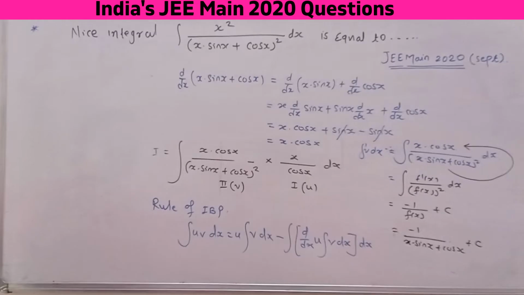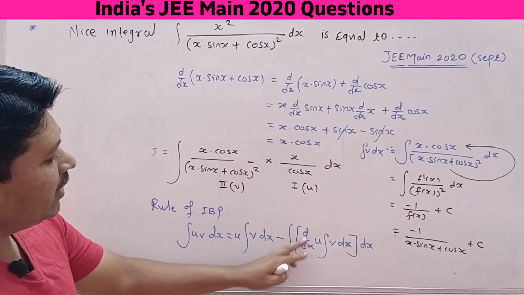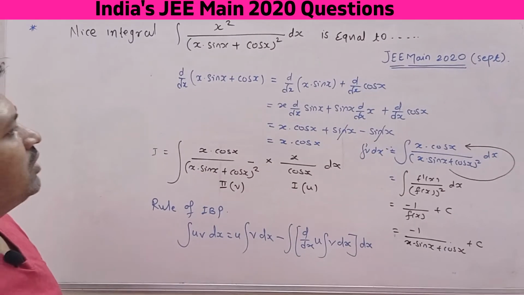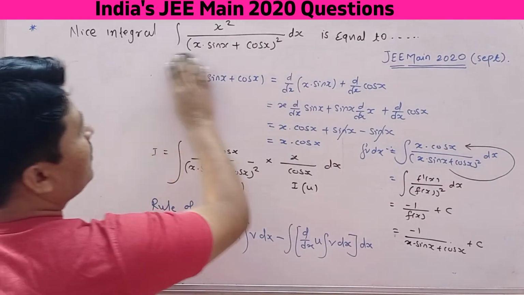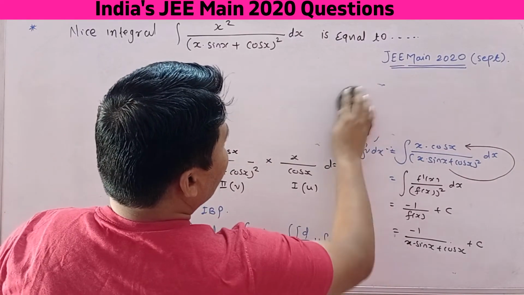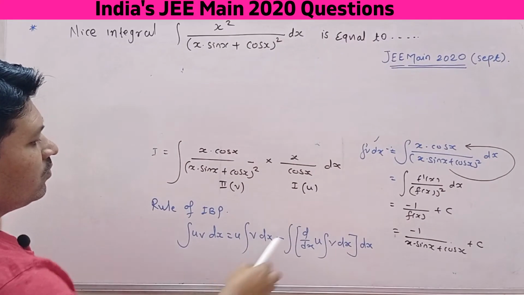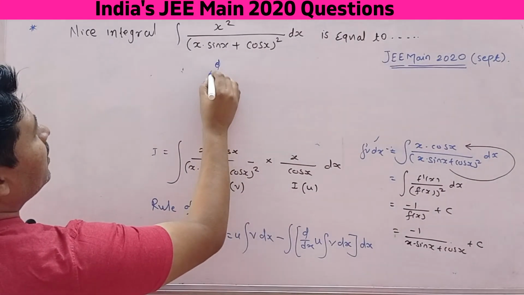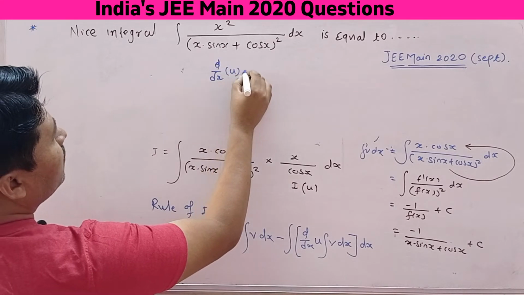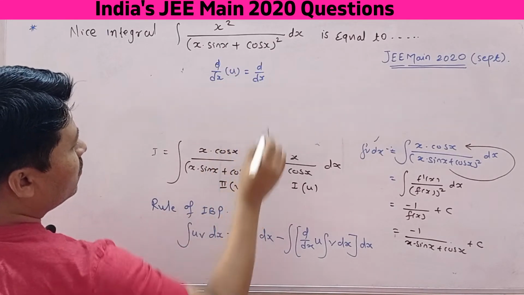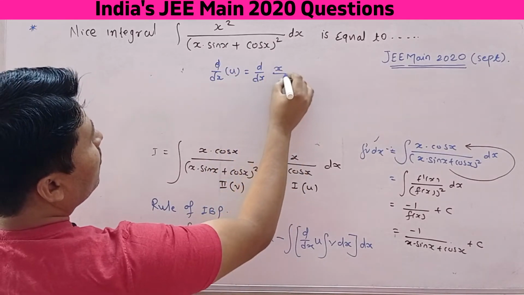Now we find the derivative of the u function, which is x upon cos x.